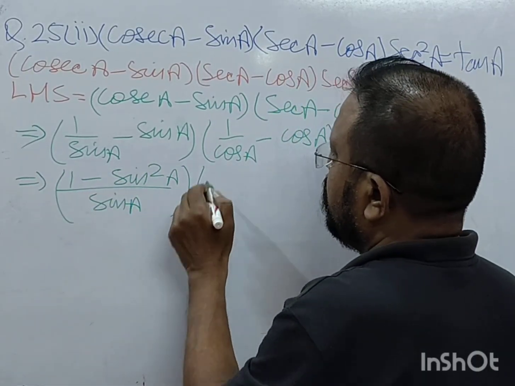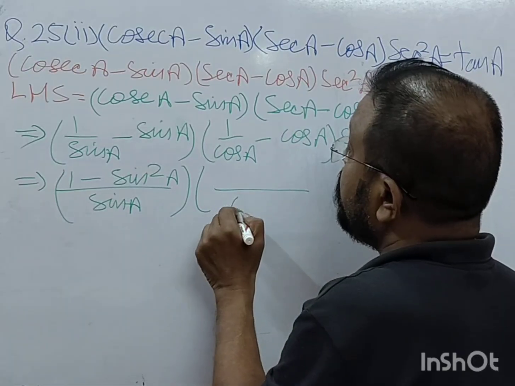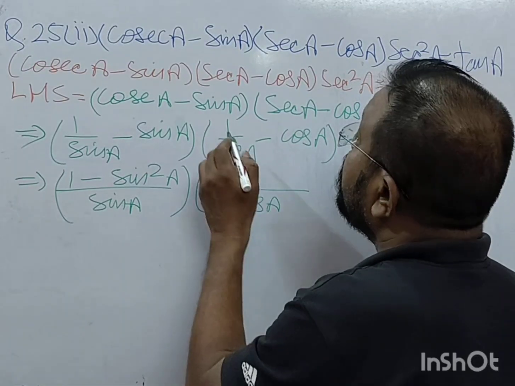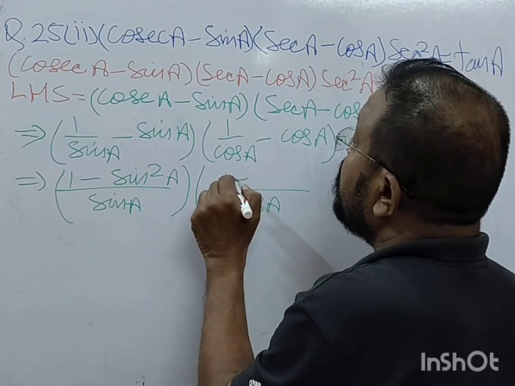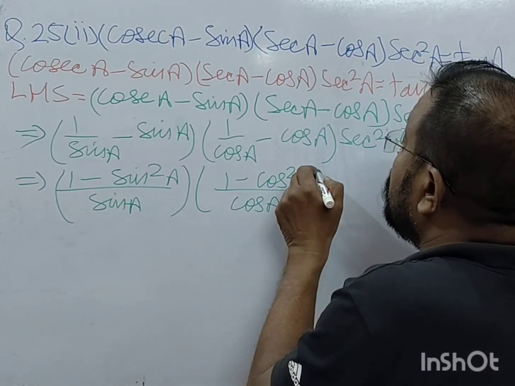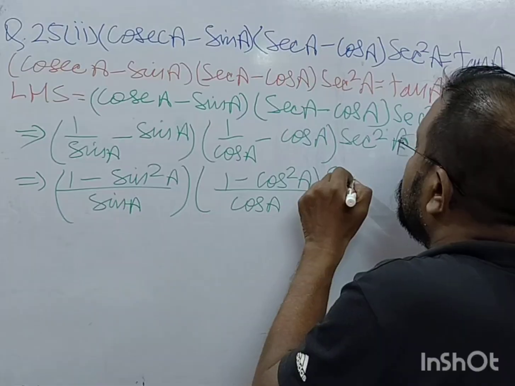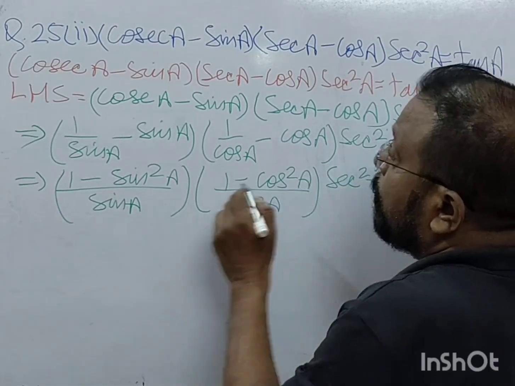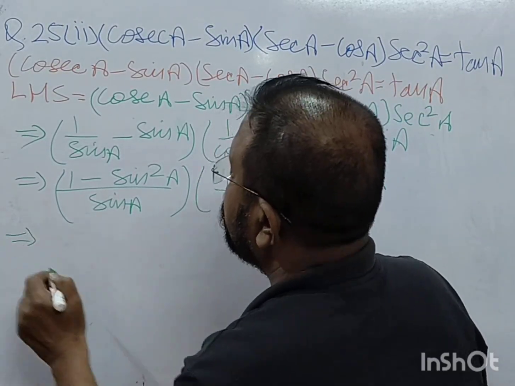Bracket, you have taken cos A, that is 1 minus cos square A, bracket sec square A.